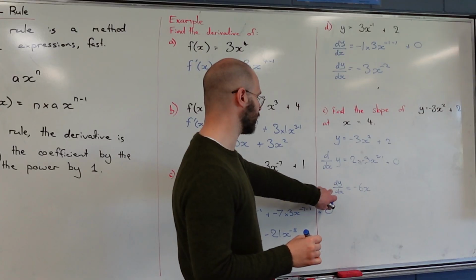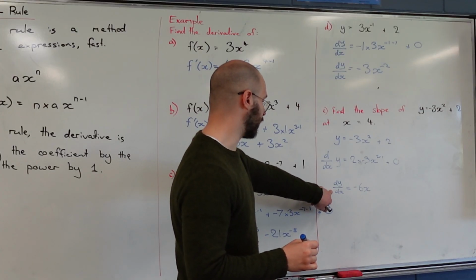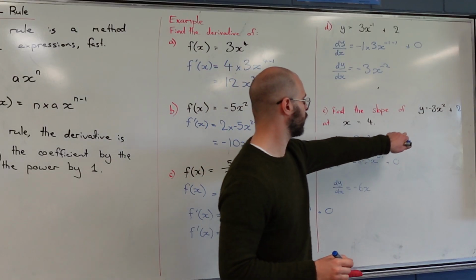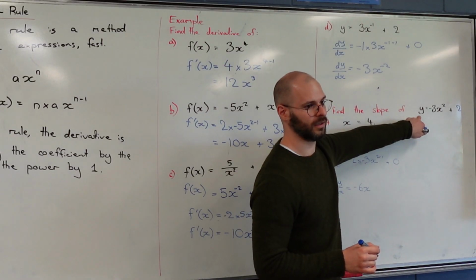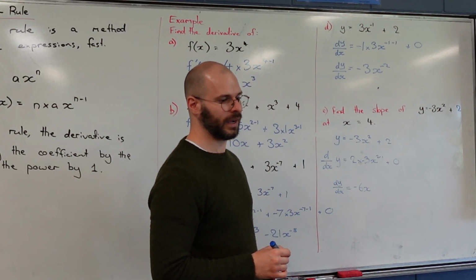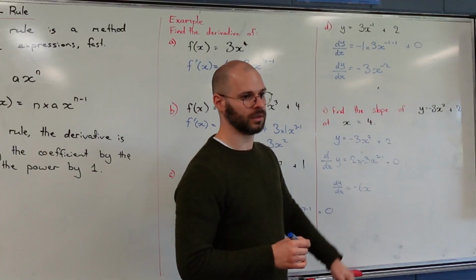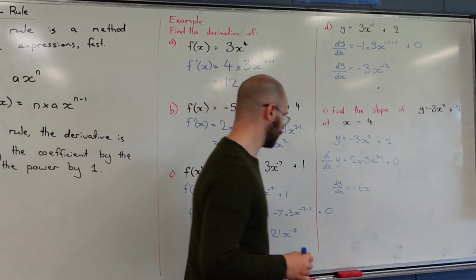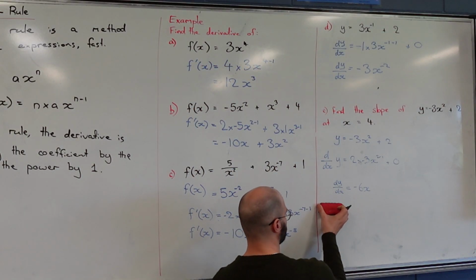This relation here describes the slope of this relation. How can we find the slope at x equals 4? Just put x equals 4. Yeah, absolutely.